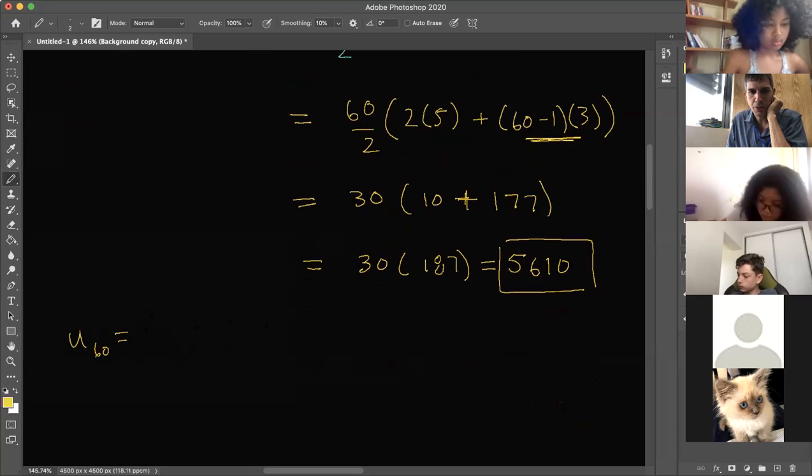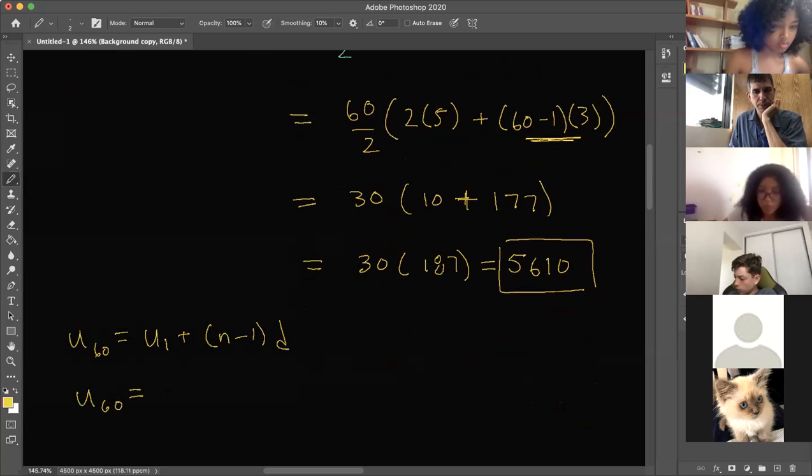You're just going to use this formula, U1 plus n minus 1 times d. What do you get when you do that? 182. Does everyone agree?